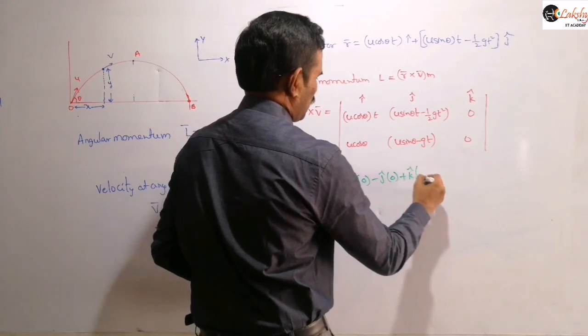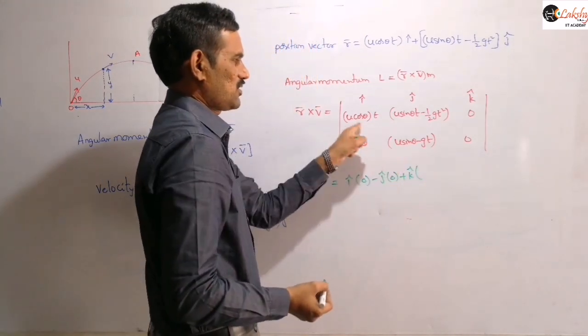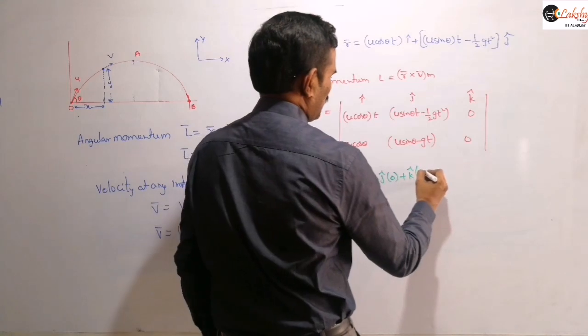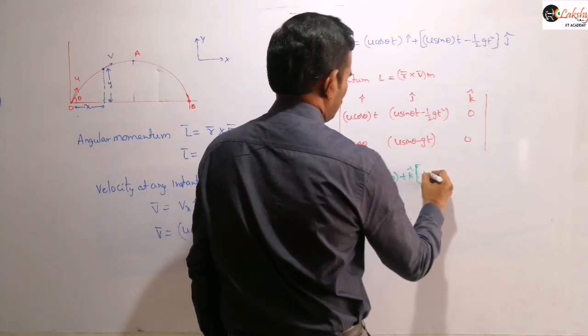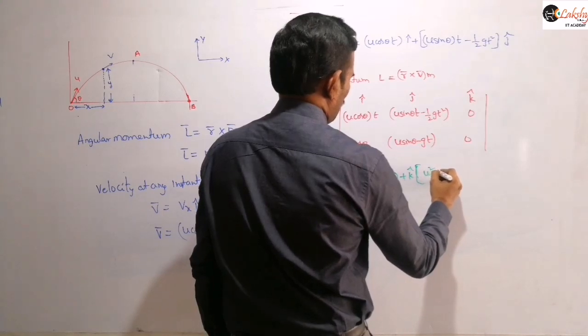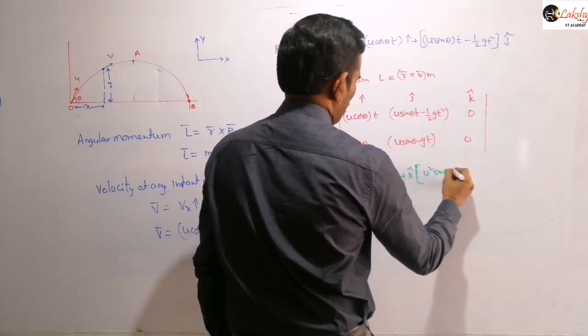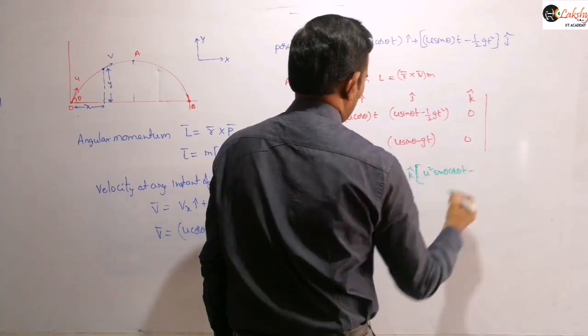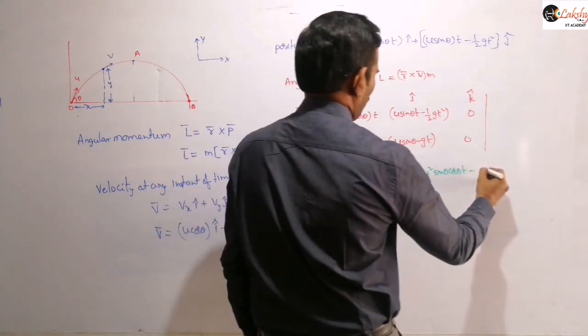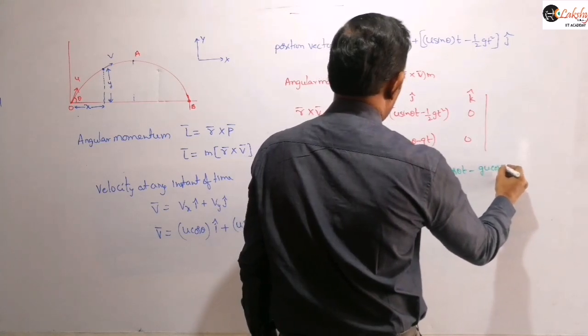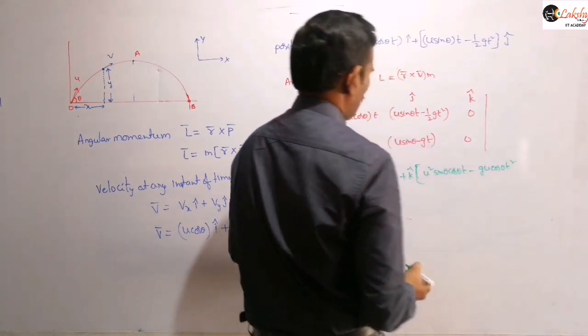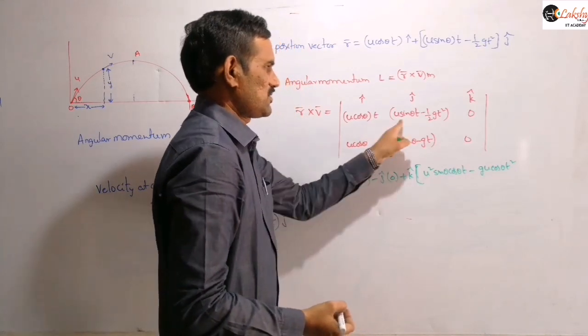So now the k cap coefficient we need to write, the product of these two. So that is, I am multiplying that, u square sin theta into cos theta into t minus g into u cos theta into t square, and minus these two values you need to write here.